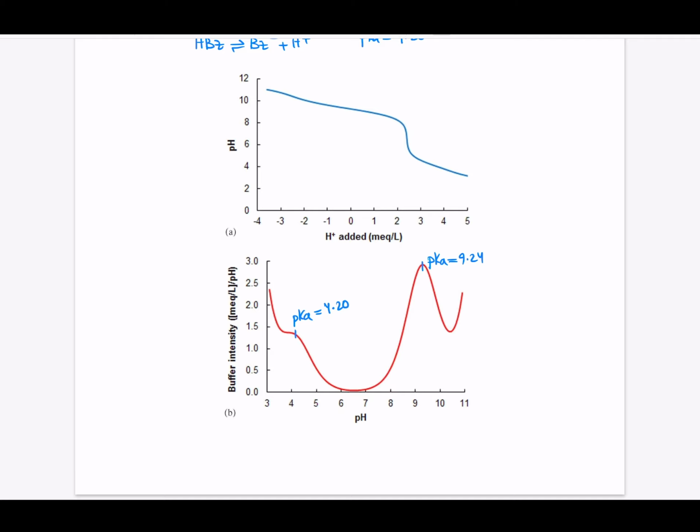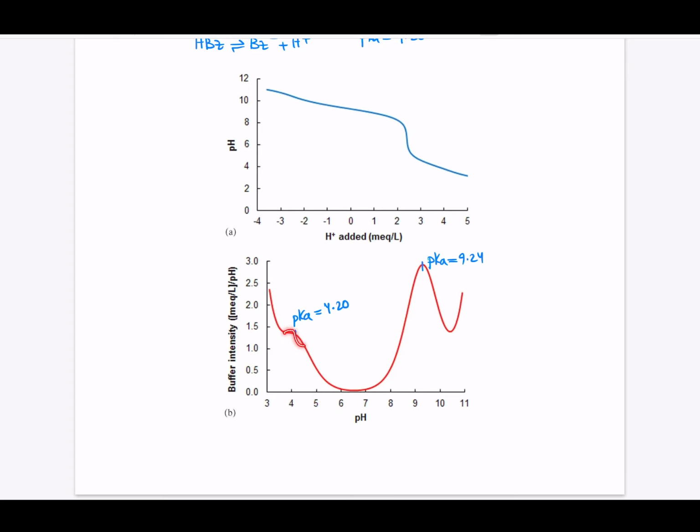But if you mathematically convert this to this kind of representation, we now know that the peaks are representative of pKa. So maybe if you're developing a manual for titration, you can also hypothetically talk about converting this to a buffer representation to quickly tell, for an unknown sample, what kind of acid or base you might have. And this could be an interesting question for the exam.